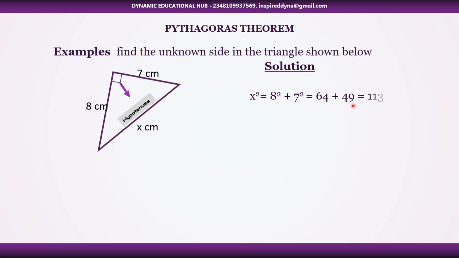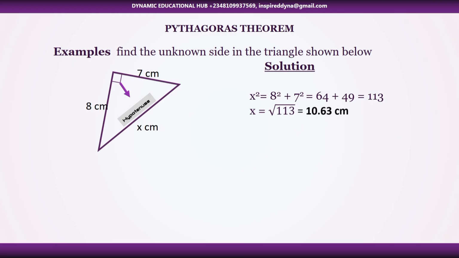We have 113. So x will be the square root of 113. When you press the calculator, we get 10.63. And the answer is 10.63 centimeters.